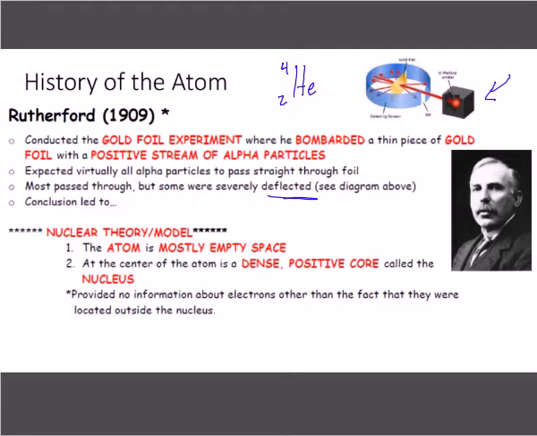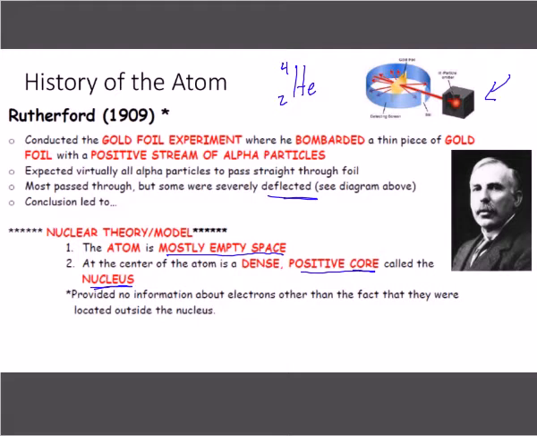Some bounced back. So that led to the newest model, the latest one, that's called the nuclear theory or nuclear model, where the atom is mostly empty space, where you have a dense positive core in the nucleus. So he was the one who first came up with the nucleus.